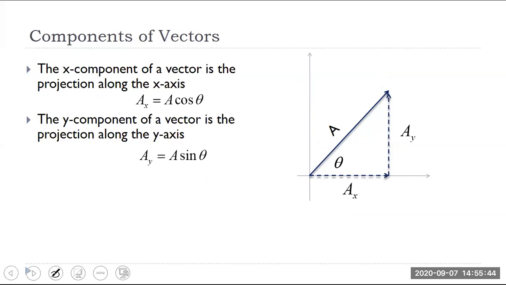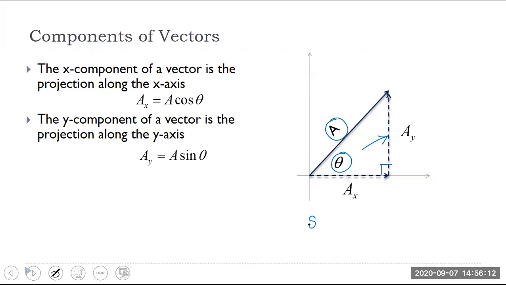So if I were to give you the value for the length of my vector and the angle of my vector right here, we could figure out what those component lengths are, because I have a right triangle here. And because of that right triangle, as I look at the angle, the piece that's opposite to that is the y side.